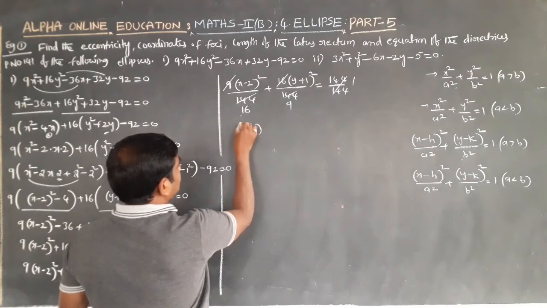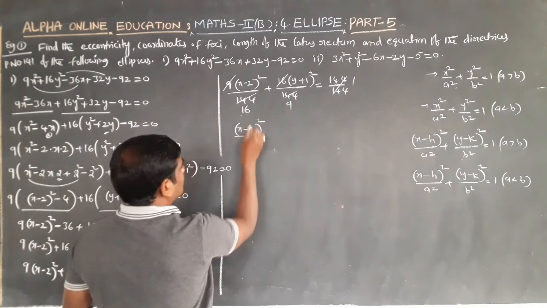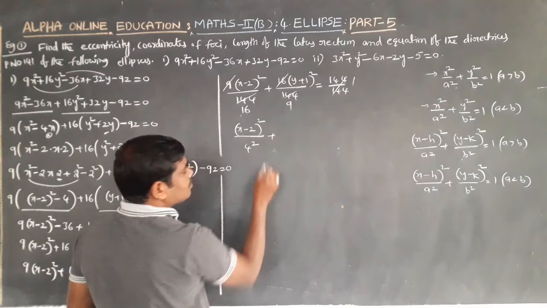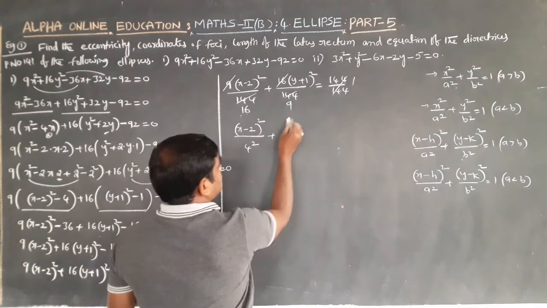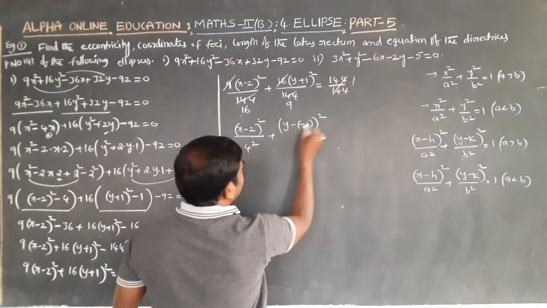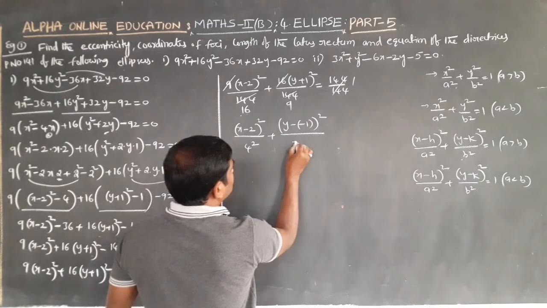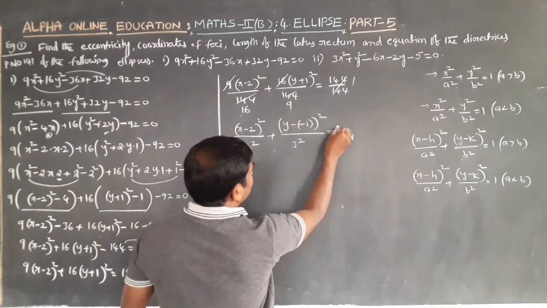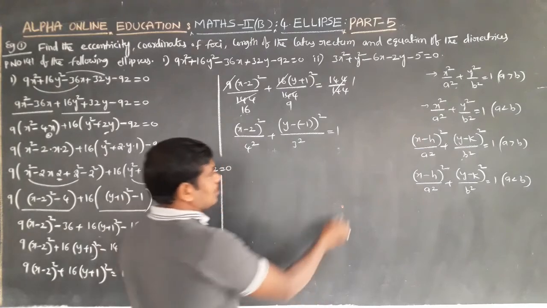Again write down x minus 2 whole square by 16, which is 4 square, plus y minus of minus 1 whole square by 9, means 3 square, is equal to 1.